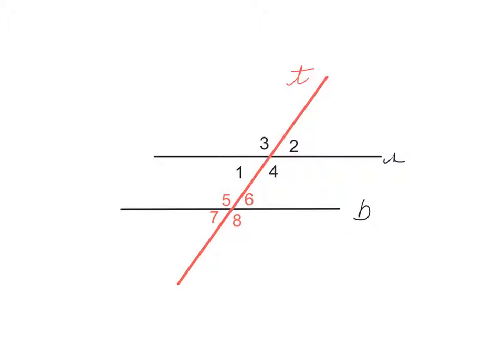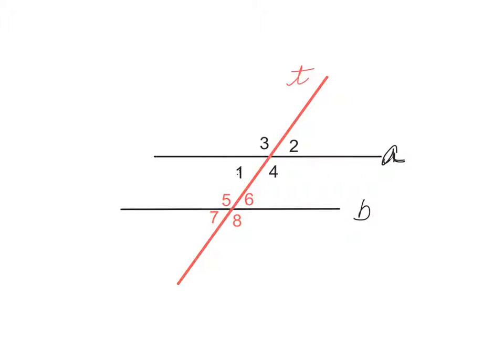So again, I have a transversal T cutting through line A and line B, and at the intersections, there are 8 angles in total, right?